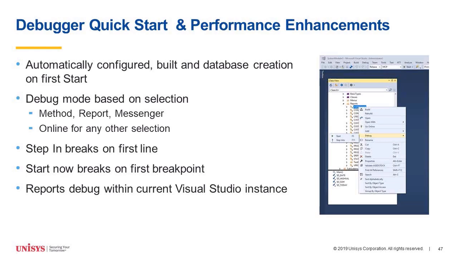Start will break on the first breakpoint that you've set. Step into basically steps into the first item and allows you to go in and either step through it, set more breakpoints, or whatever you want to do.